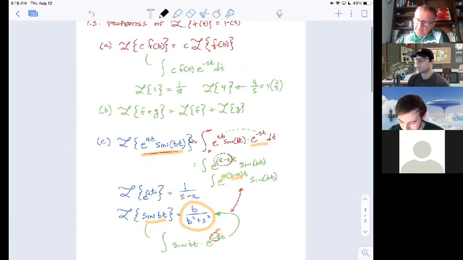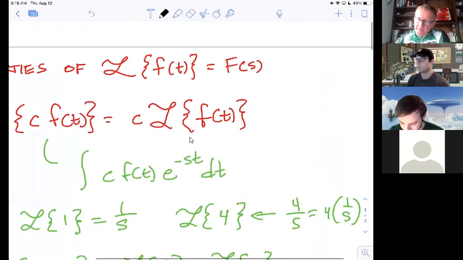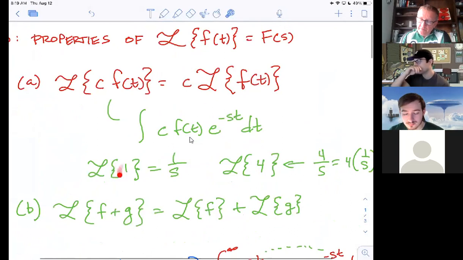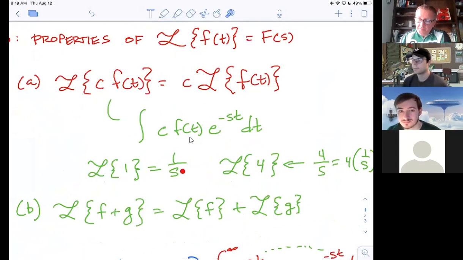Well, at the top, I said, if you take the Laplace transform of some function, then you get a different function. That's very important, right? It's not the same function. In other words, back here, the original function was 1, and the new function was 1 over s. They're not the same function.